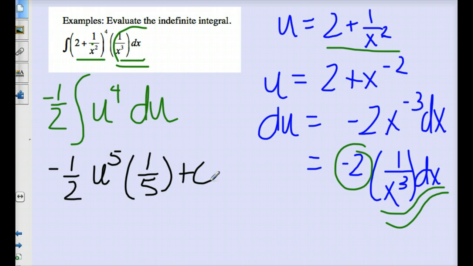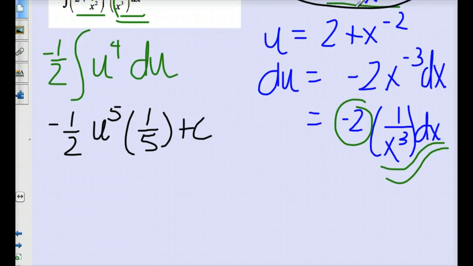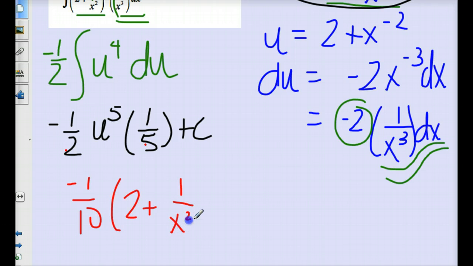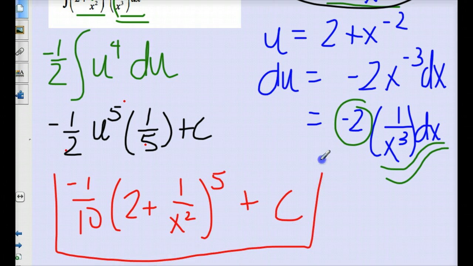And once again, the last step is always to simplify and plug in my u. So just to give myself more room, we get negative 1 over 10, because I multiply these two denominators, and my u is 2 plus 1 over x squared. And according to this, it's to the 5th power plus c. And then we're done.